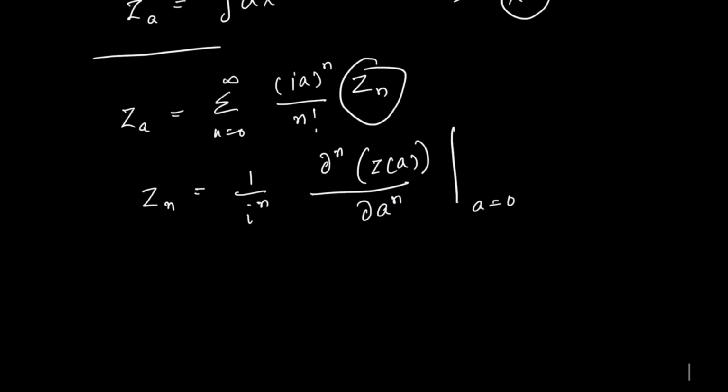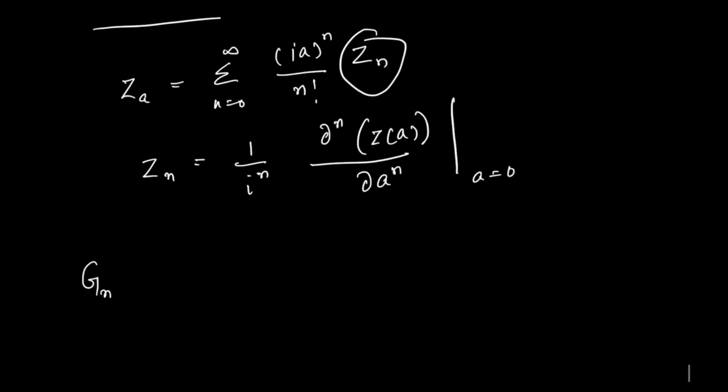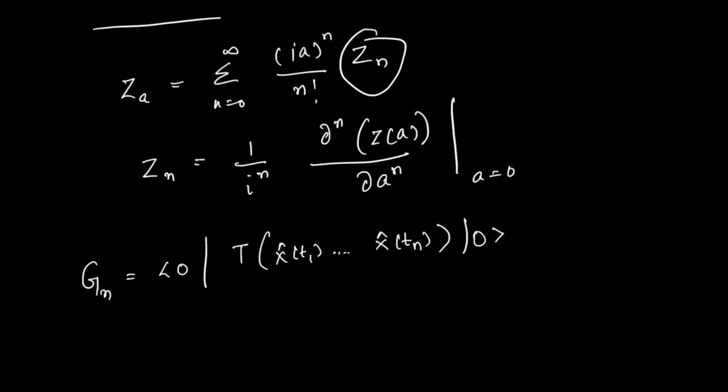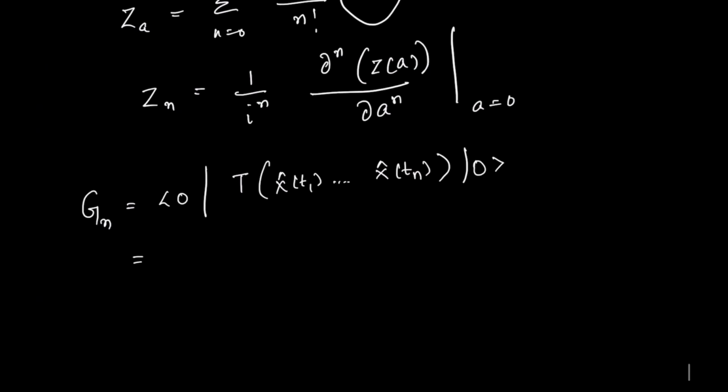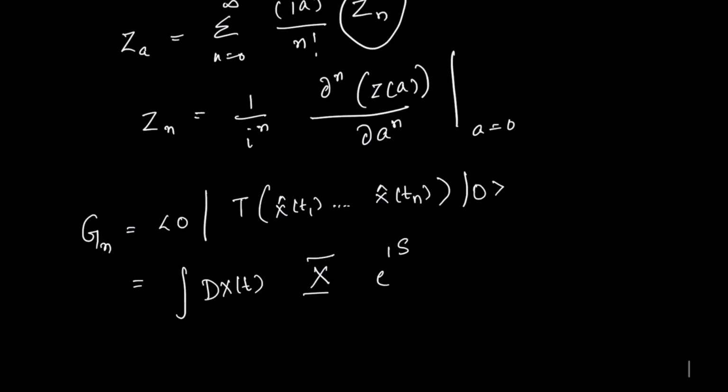Now we have to calculate G_n. Our aim is to calculate G_n, which is the vacuum expectation of the time ordering of x of t_1 up to x of t_n. This is equal to the integral Dx of t, time ordering of all the operators, then e raised to i S of x of t.